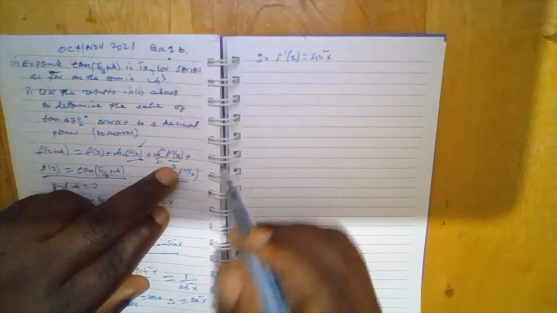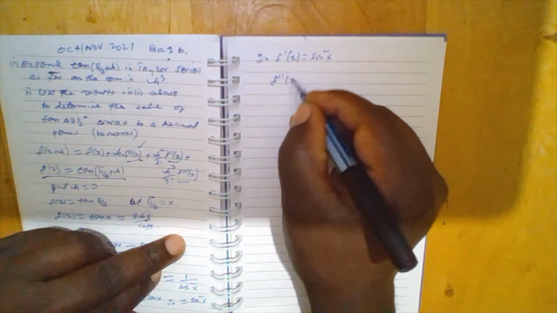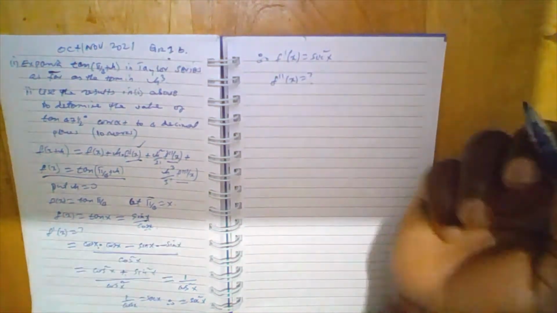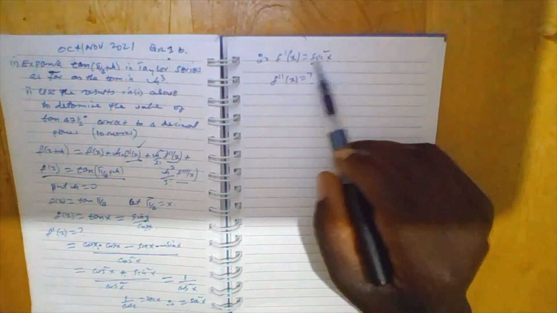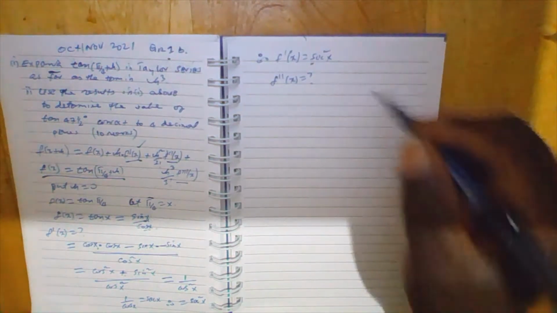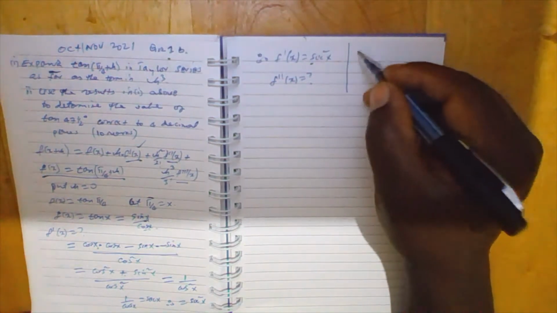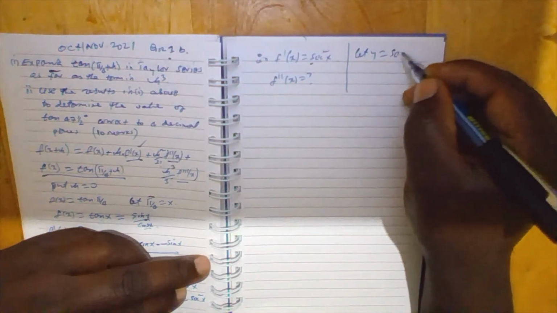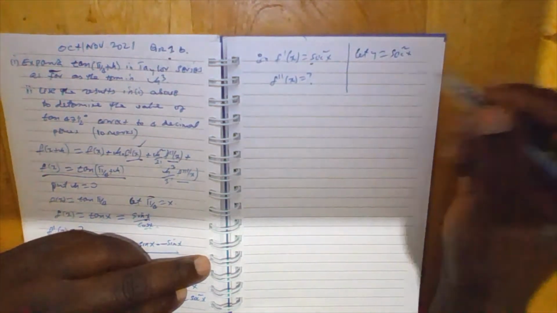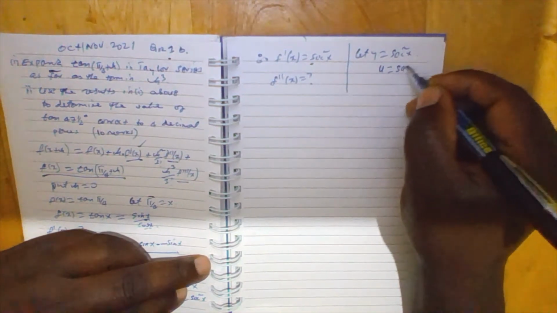So we need to get f double prime. For us to get f double prime of x, we differentiate sec squared x. Therefore here I will let y equal sec squared x and u equal sec x.